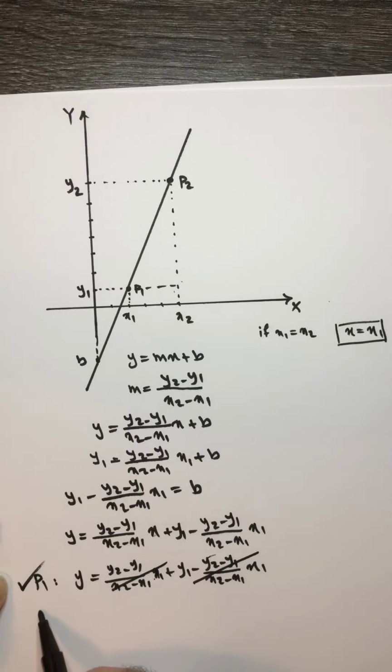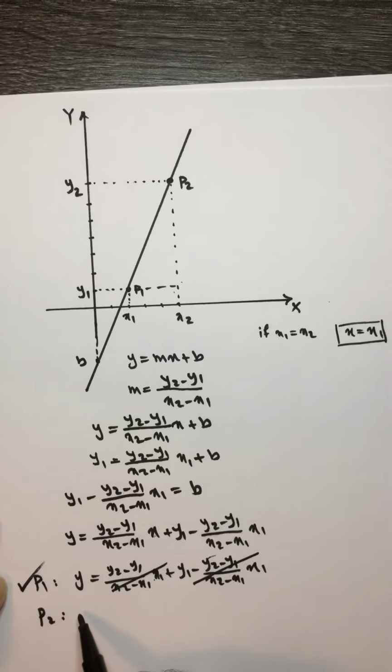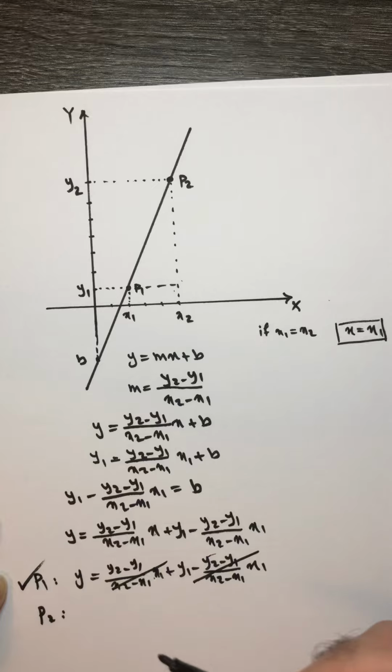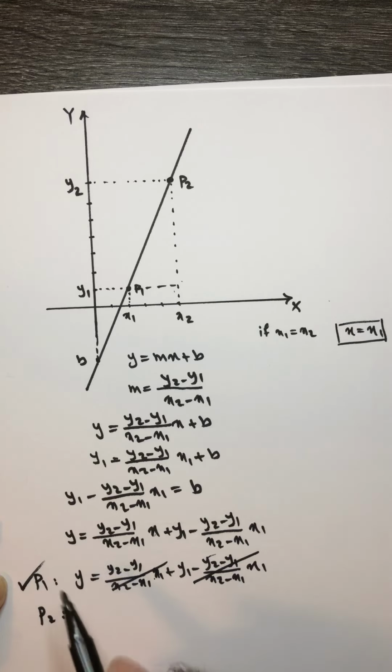Then we need to check that P2 also lies on this line. So we want to find that when we insert x2, we get y2.